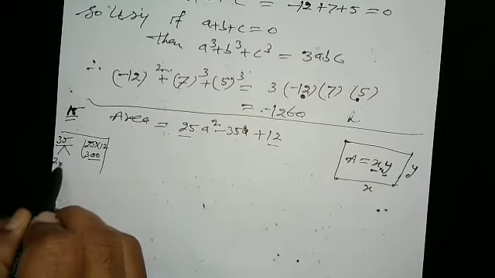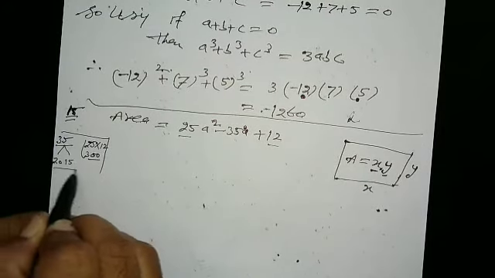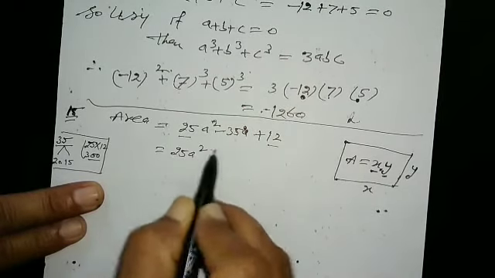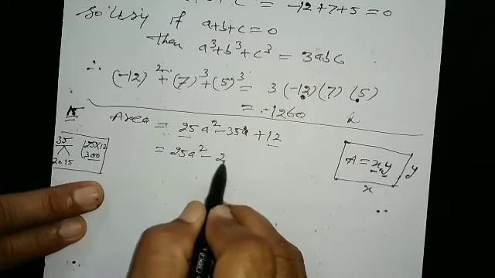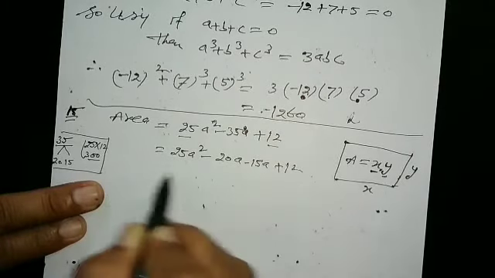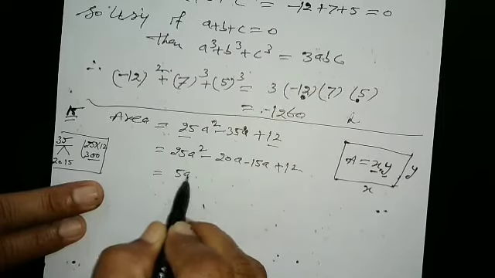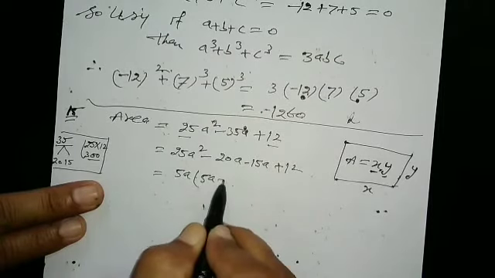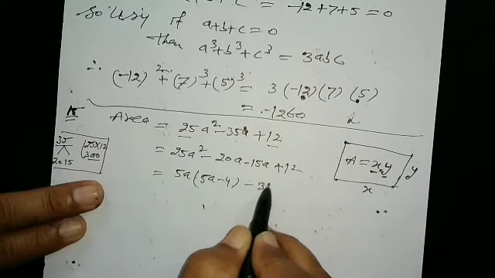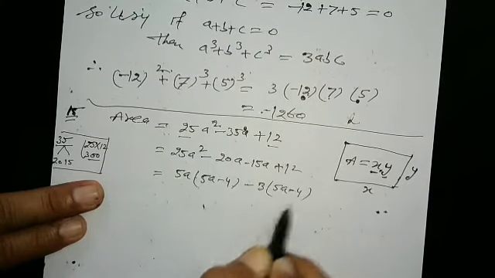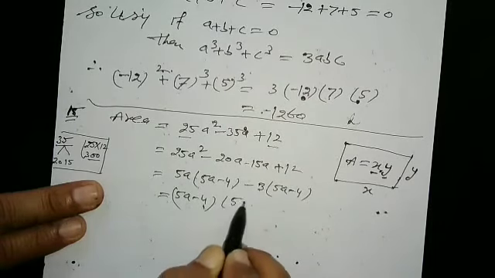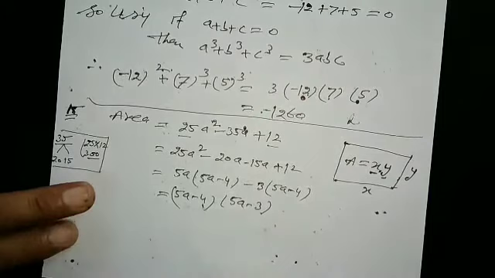That may be 20 and 15. So write 35 as 20 and 15, and take common 5a. We will get here 5a minus 4, and here 3, 5a minus 4. So 5a minus 4 and 5a minus 3, right?